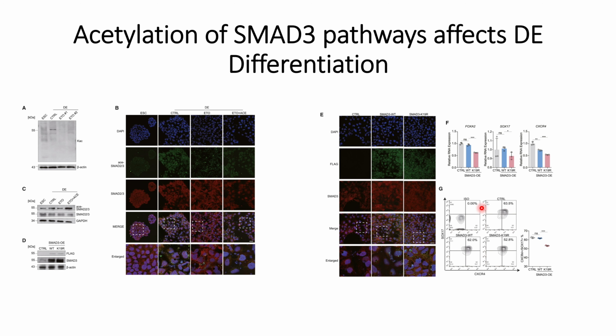Along with that, they also see the reduction in those markers in the flow cytometry. That is in the case when the SMAD3 K19 mutants are used, the amount of definitive endoderm markers is low compared to the case of the SMAD3 wild type.